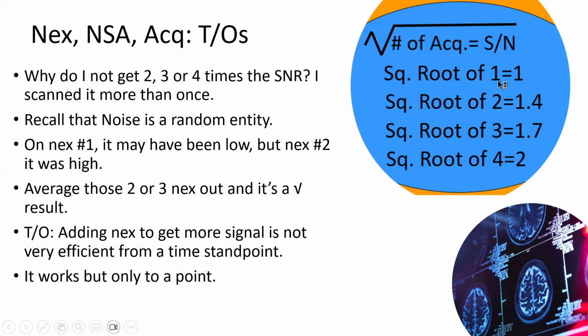On the first acquisition, maybe you've got low noise and high signal. On your second acquisition, you still have the same amount of signal, but now your noise came up. So now you've got 2 acquisitions with 2 different amounts of noise. So it turns out the best fit is a square root. That's where that comes from.